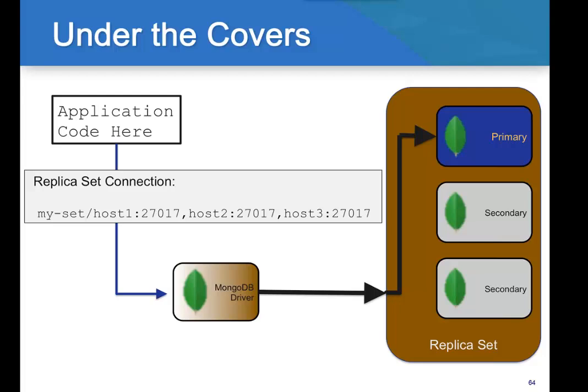So you connect to the set name, in this example it's my set, and then there's a slash, and following that is a list of all the hosts in the replica set along with the port numbers that that replica set is listening on. So in this example, I've got 3 hosts. They're called hosts 1, 2, and 3. They're all listening on port 27017.